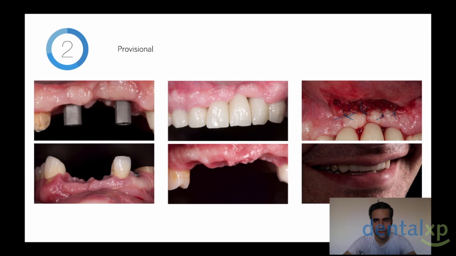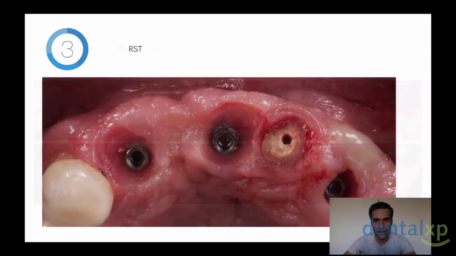But during the provisional phase our patient went to a soccer match and received a ball in his face. You can see he broke one of the teeth, and we have two decisions here. So I told the patient, look, if I remove this tooth, this is going to collapse, and I will have to do another connective tissue graft.